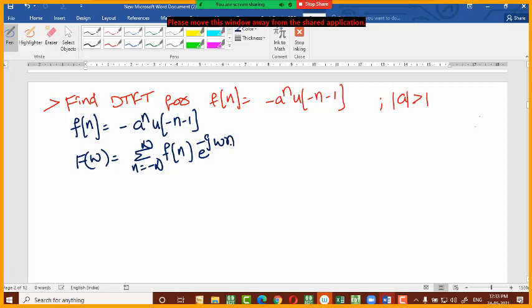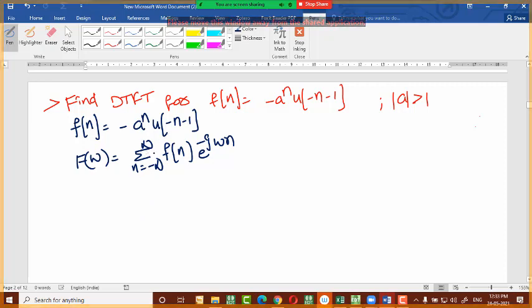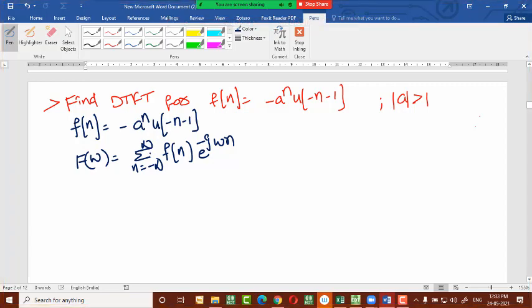First we need to identify the given signal is from which n value to which n value, because we cannot do this summation from minus infinity to plus infinity. We need to see from what value of n to what value of n the given signal is available.